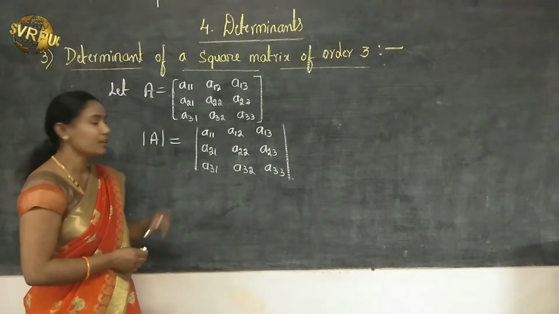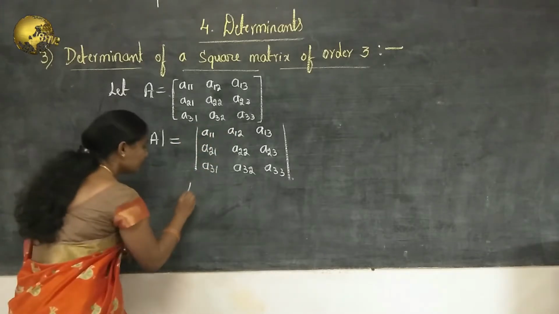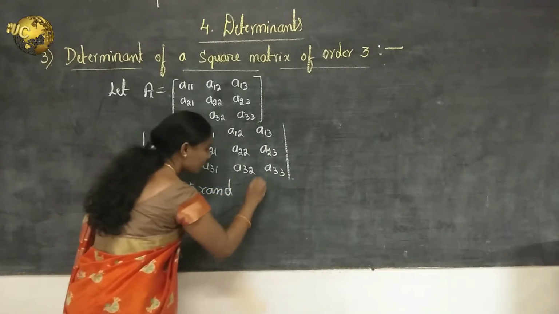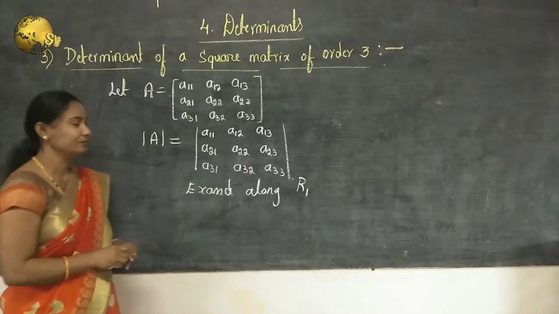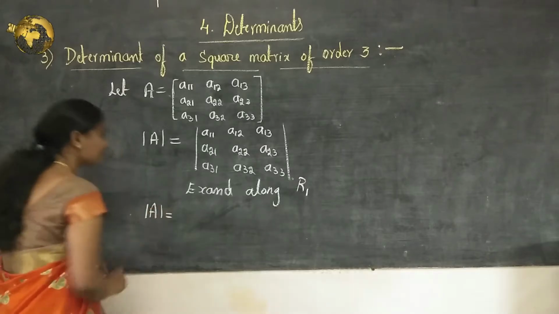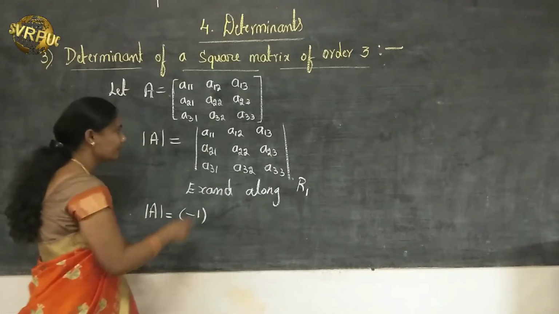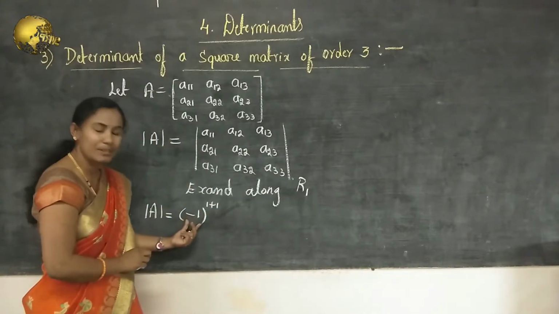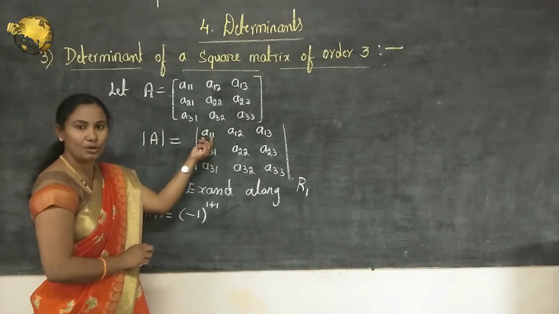So I will take row 1, that means the first row, and expand it. Expanding along row 1, that means R1, how to expand this? Determinant of A is equal to, see here, I write minus 1 to the power of 1 plus 1. It represents the position sign of A11, the first row, first element.